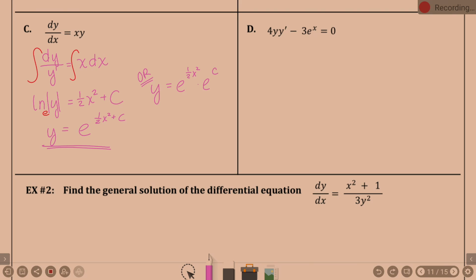Now, e to the c, you won't see that left because that is just some constant. I have a k in my notes here because k's and c's are both common constants in calculus. It's like the whole C1, C2 bit, so e to the 1/2 x squared times k, although we traditionally put the k out front, so k e to the 1/2 x squared.